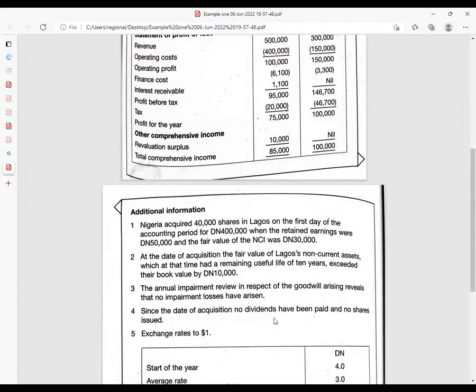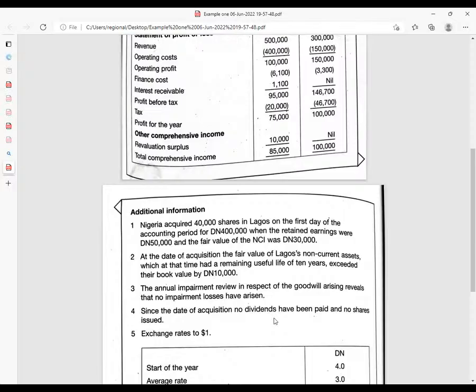At the date of acquisition, the fair value of Lagos' non-current assets, which at that time had a remaining useful life of 10 years, exceeded their book value by DN 10,000. The annual impairment review in respect of the goodwill arising reveals that no impairment losses have arisen. Four, since the date of acquisition, no dividends have been paid and no shares issued.